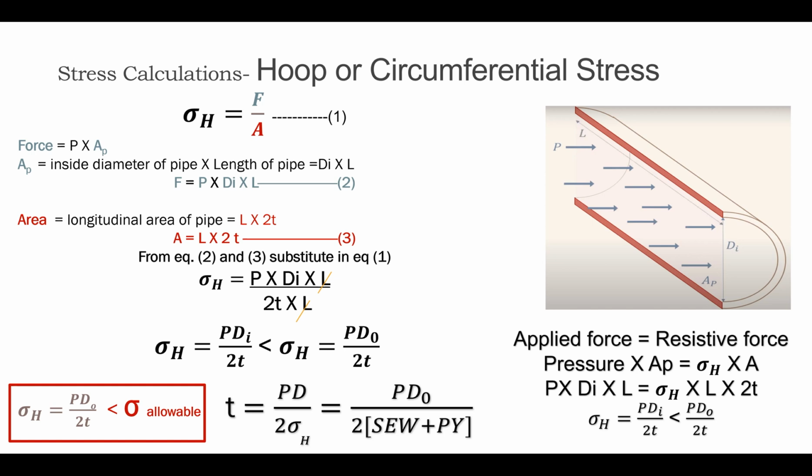Here P is the internal pressure, D is the outside diameter, and 2 into SEW, where S is the allowable stress, plus PY. P again is the pressure. So the thickness formula comes out as T equal to P Do over 2 (SEW plus PY).